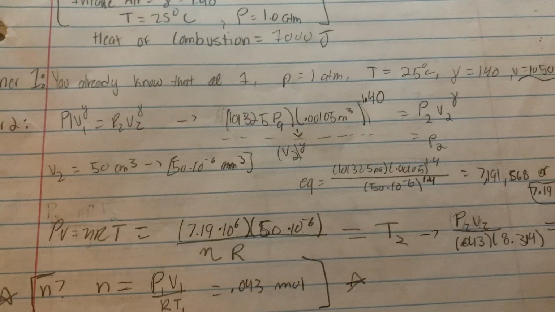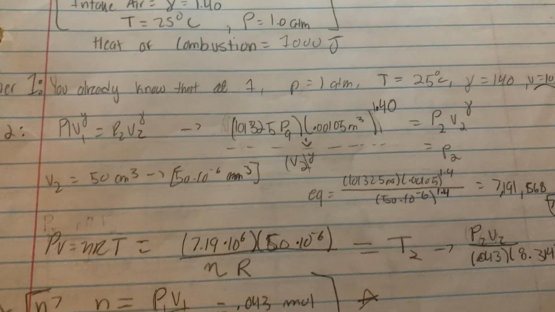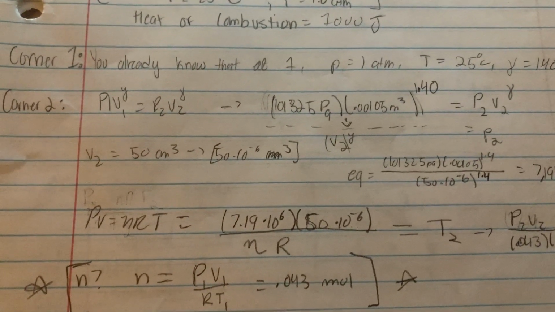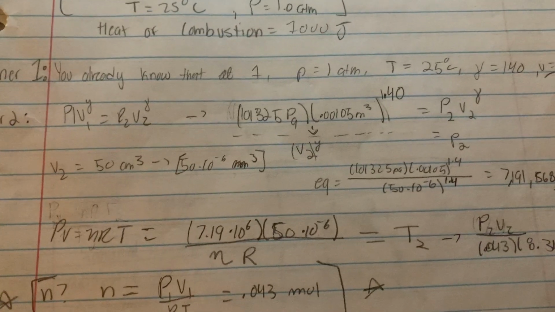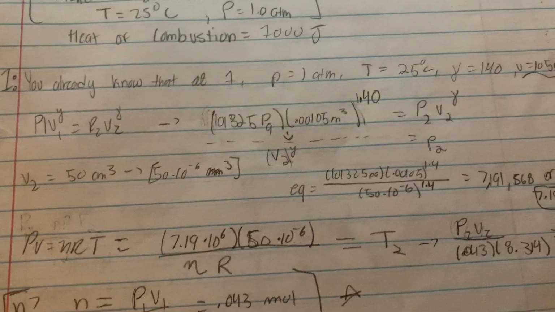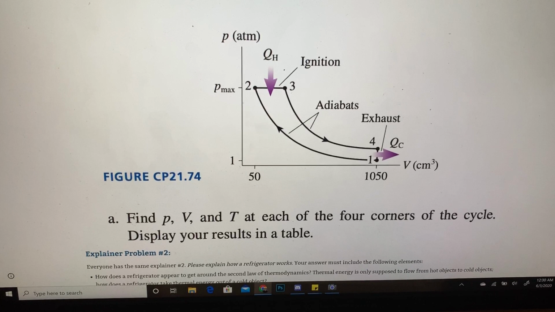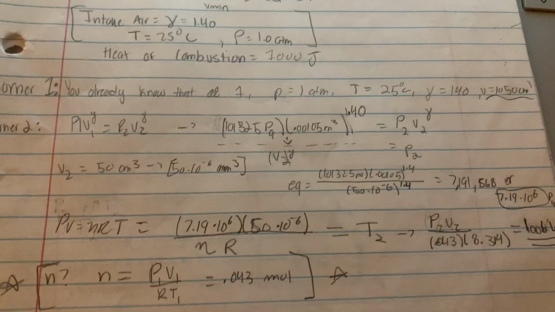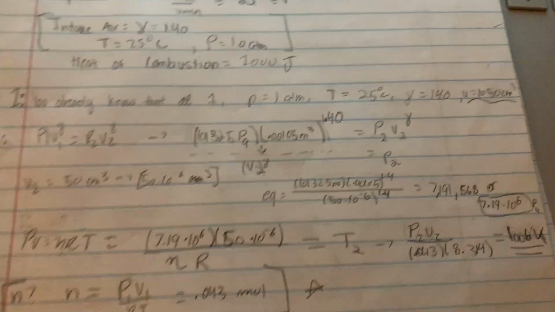In this case, n is equal to gamma for the air intake, which is 1.4. You rearrange the equation to get P2 equals P1V1 to the n over V2 to the n. We already know the volume, because right here the volume is 50 cubic centimeters. You plug all that in, and after all your conversions you should get 7.19 times 10 to the 6 pascals.